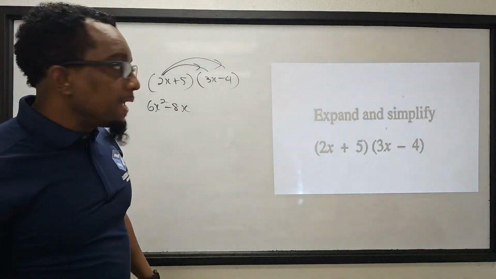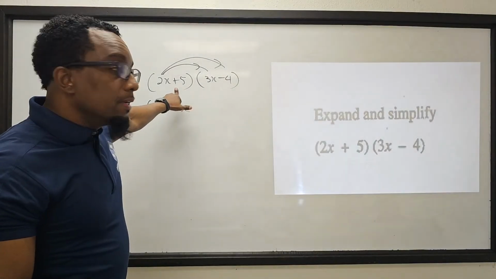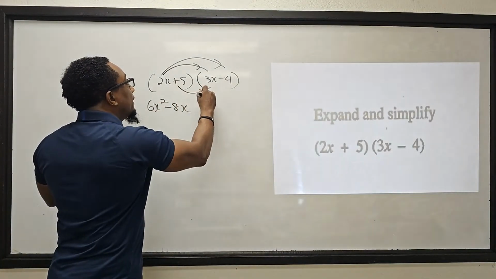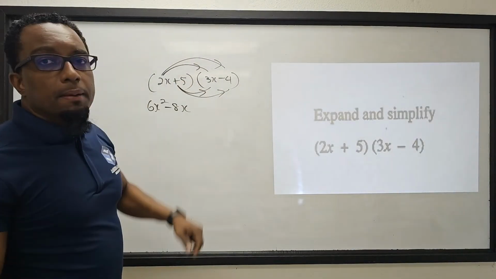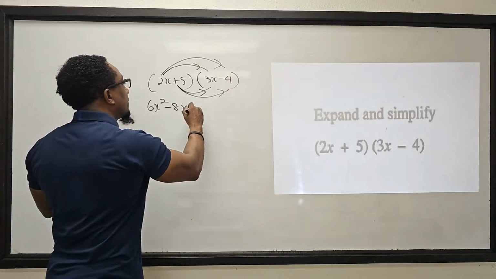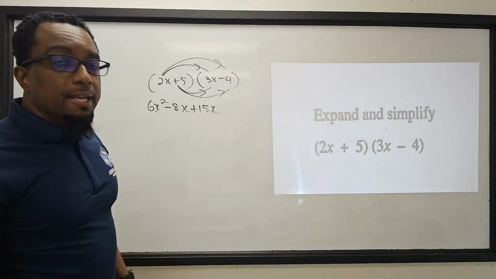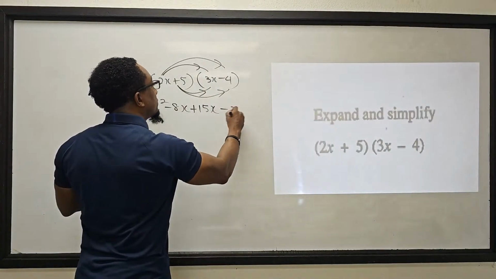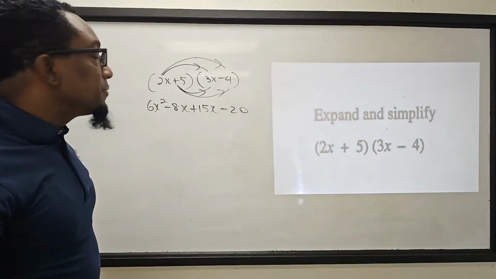And I'm going to multiply positive 5, which is my second term in the first binomial, by each term in the second. So positive 5 by positive 3x will be positive 15x, and positive 5 by negative 4 will give us negative 20. So what I've done here is to expand, and let me simplify.